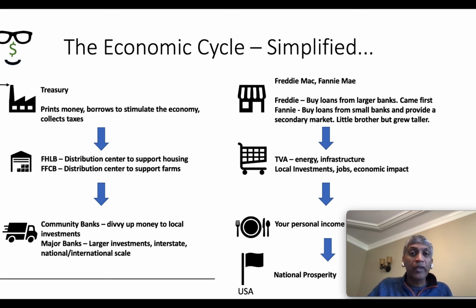That, in effect, is what a government-sponsored entity is. The FHLB, the FFCB, the Fannie Mae, the Freddie Mac, the Ginnie Mae, all of these are government-sponsored entities. TVA stands for Tennessee Valley Authority, which is a public utility that was created right around the Depression era as well.